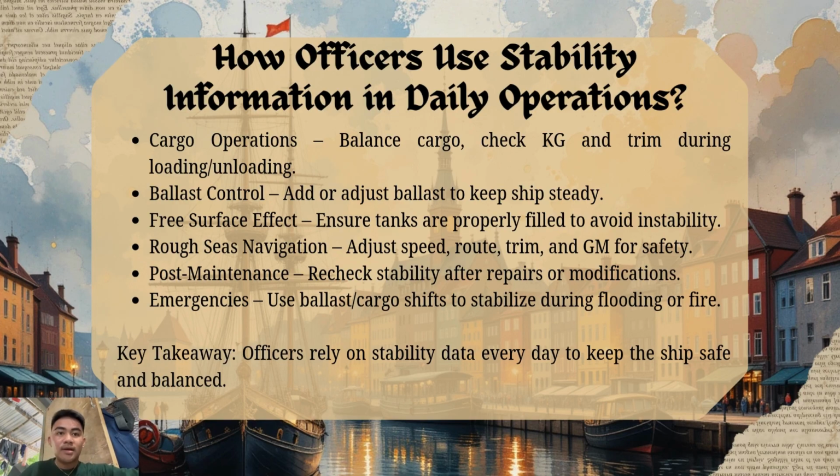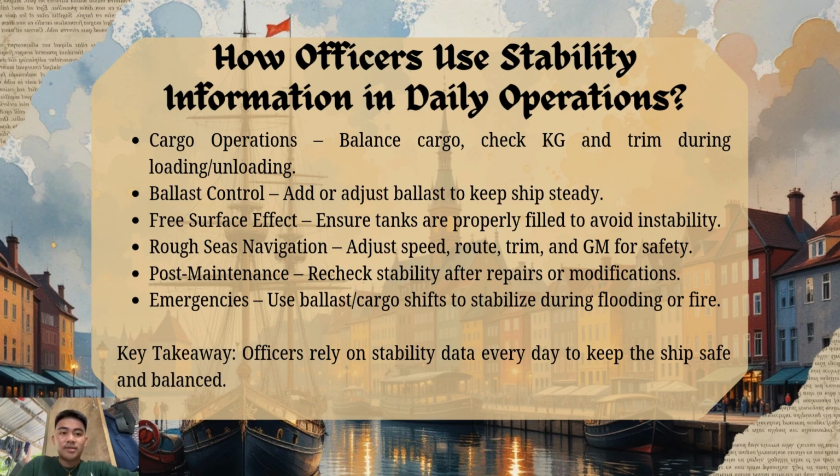Here is the key takeaway. Officers rely on stability data every day to keep the ship safe and balanced. My explanation on how officers use stability information in daily operations is: officers use stability information every day to make sure the ship is safe and seaworthy. They check the ship's loading, ballast, trim, and GM to confirm it meets stability criteria before sailing.